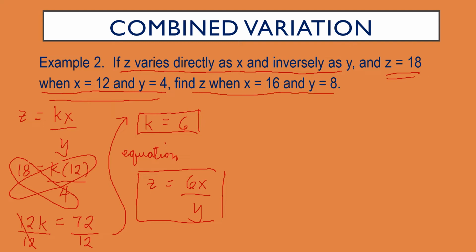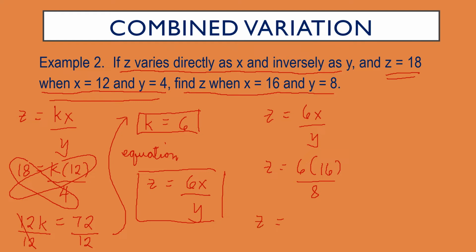Find z when x is 16 and y is equal to 8. So again, the equation is z is equal to 6x over y. We are asked to find z when x is 16 and y is 8. Substitute 16 to x and 8 to y.